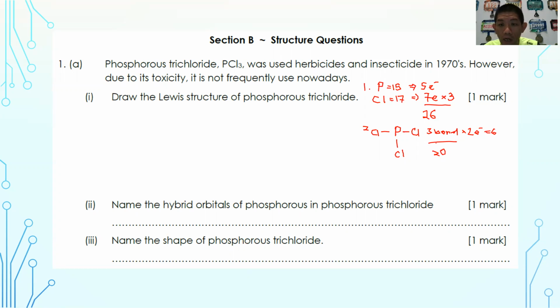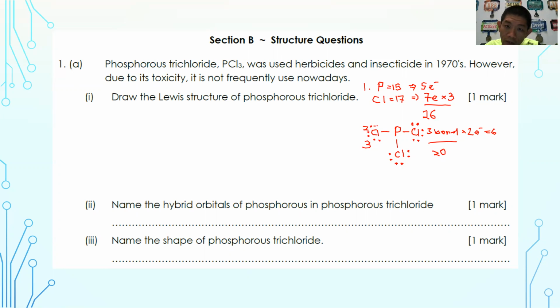Okay, then the third step will be placing the surrounding electrons to give an octet configuration. For each atom, all you need to do is place 6 more electrons around it. So this is how you place them.